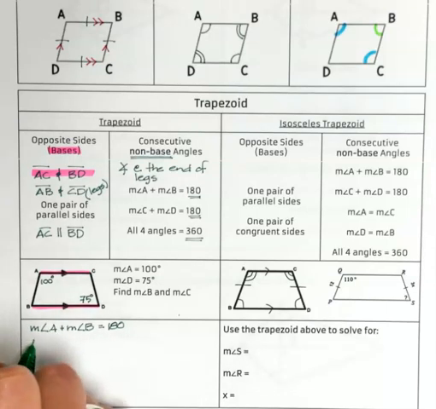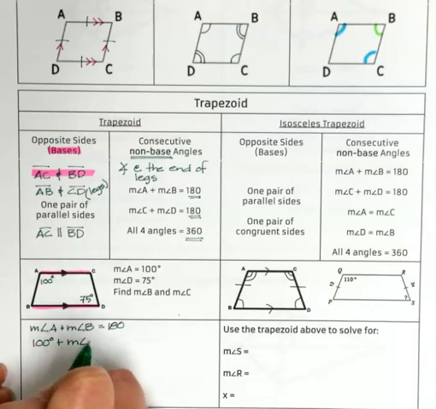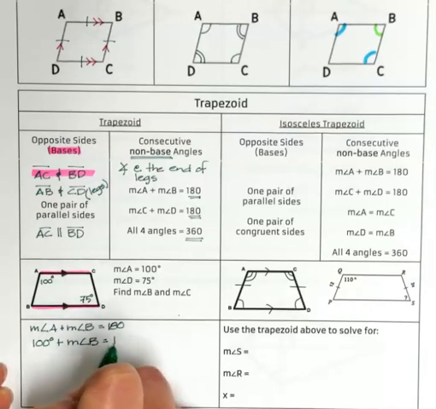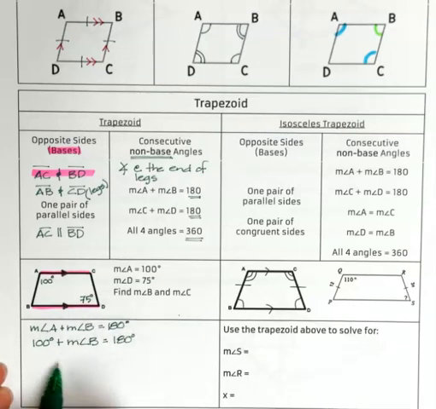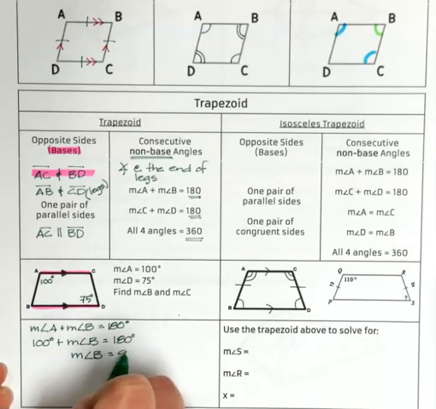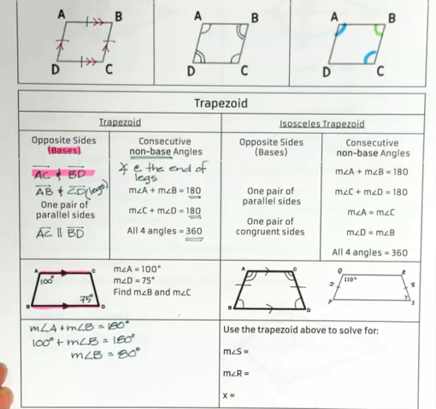I'm going to substitute in 100 degrees for the measure of angle A. And notice when I solve for the measure of angle B, I'm going to subtract 100 from both sides. And we get the measure of angle B is 80 degrees.